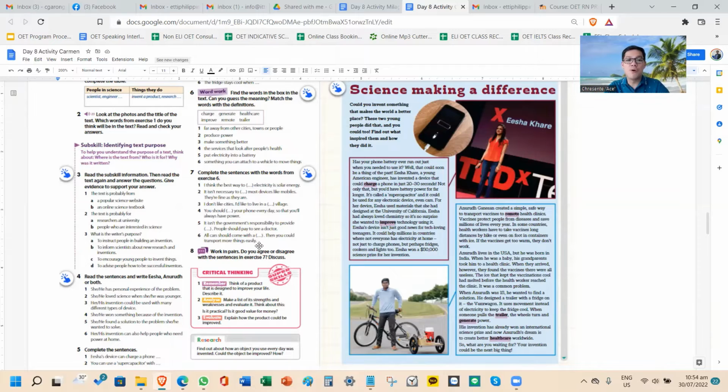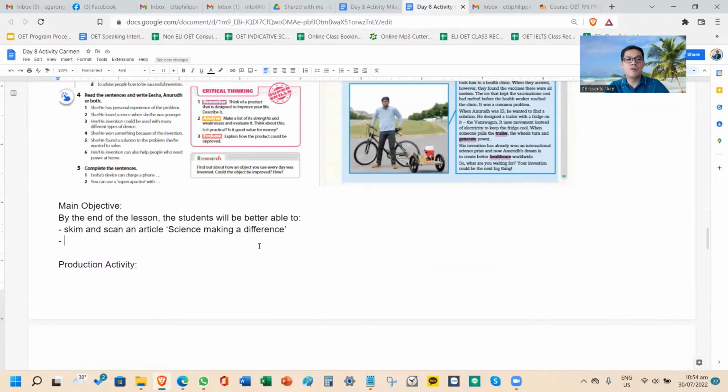So a good objective is to be able to redesign or repurpose a home product or technology and share its new usage.